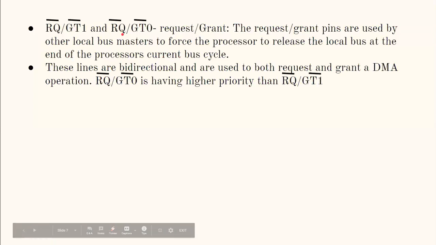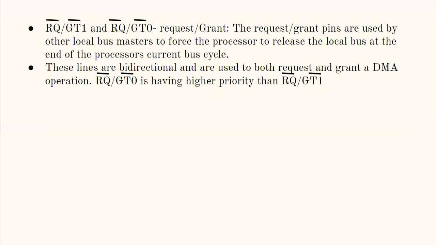RQ and GT stand for request and grant. These are bidirectional signals, and they are very much similar to hold and HLDA, which we have seen in the minimum mode. As we have seen, these are functions of the maximum mode, wherein there will be more than one processor.